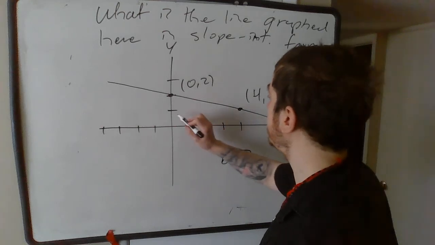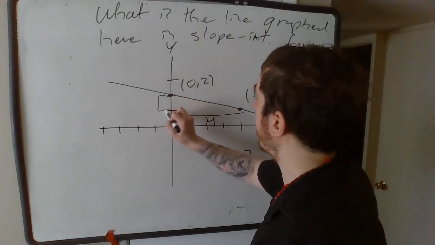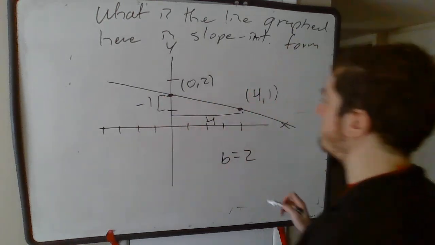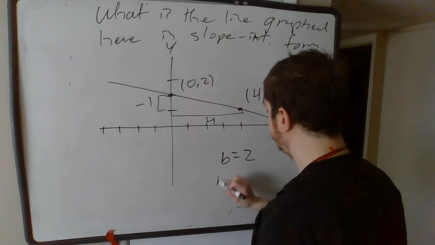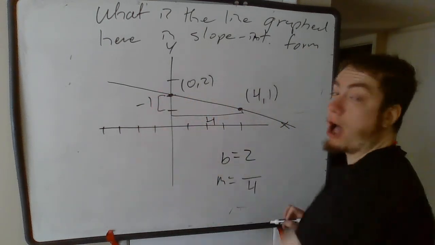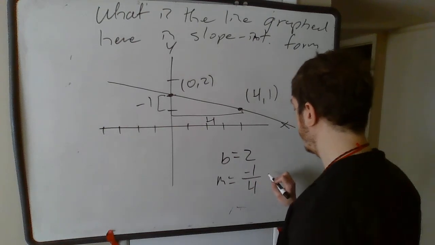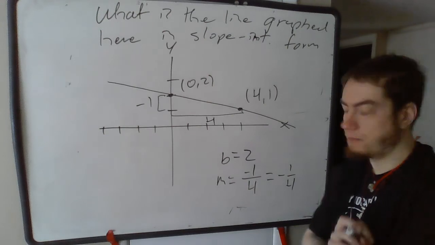And then I can see that as I come over by 4, I come down by 1. In other words, I run over by 4, and my change in y is -1. So we get a slope of -1/4.